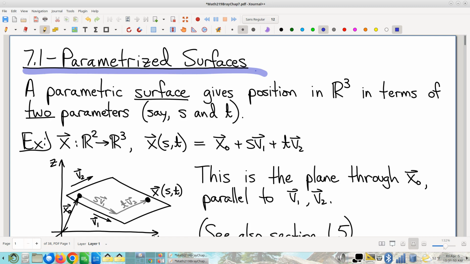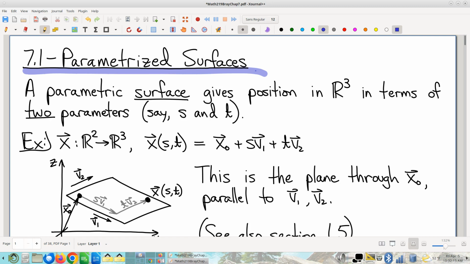By pulling back through a parameterization. So we really needed to be able to parameterize curves to talk about vector line integrals. Well, we're going to need to be able to talk about parametric surfaces, whatever that means. So it would seem reasonable to suspect we'll need them to talk about surface integrals.